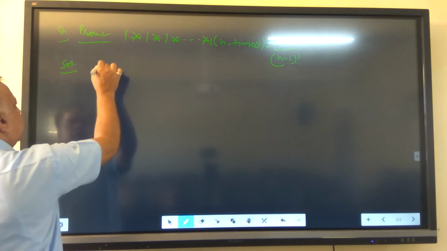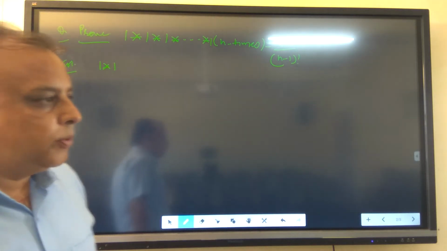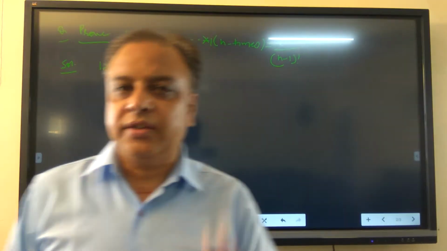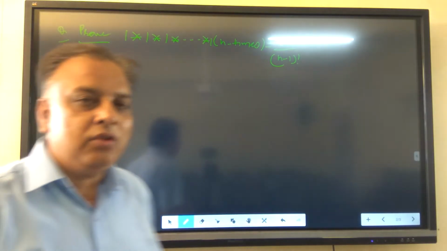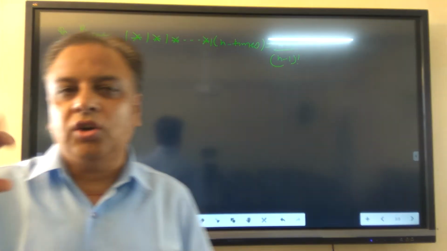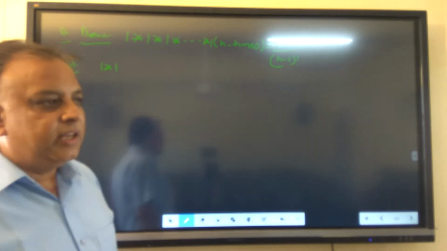First we calculate the convolution of two functions. We know that the convolution of two functions f and g is nothing but the integral from 0 to x of f of u into g of x minus u du.